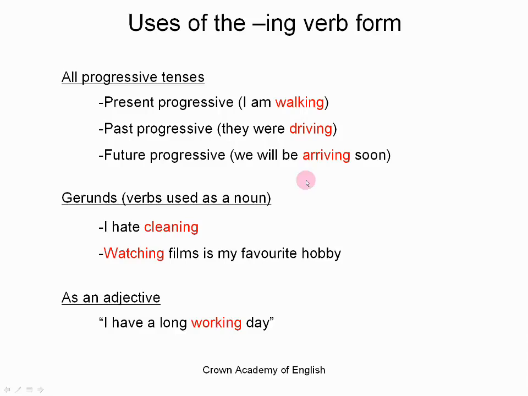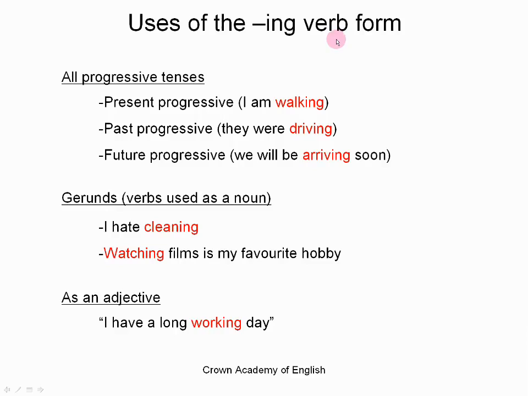So you can see all progressive tenses, gerunds, and in some cases adjectives. That's a lot of uses. So the conclusion here is that we use the ing verb a lot.